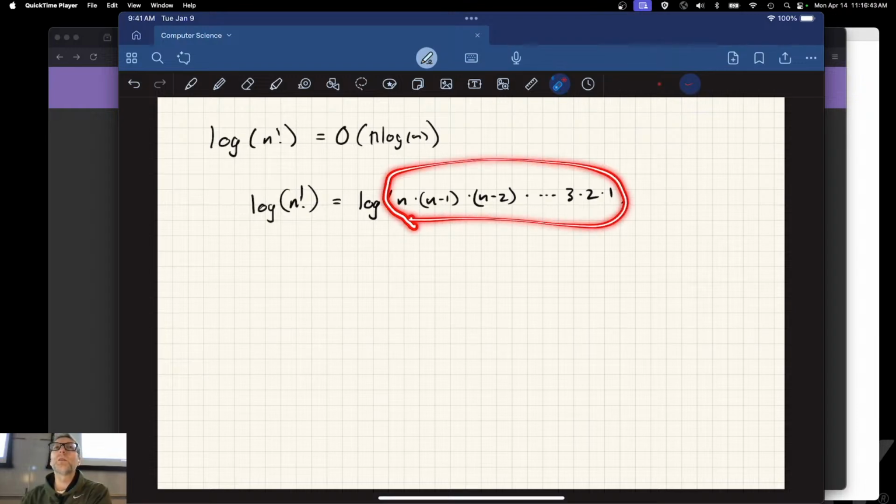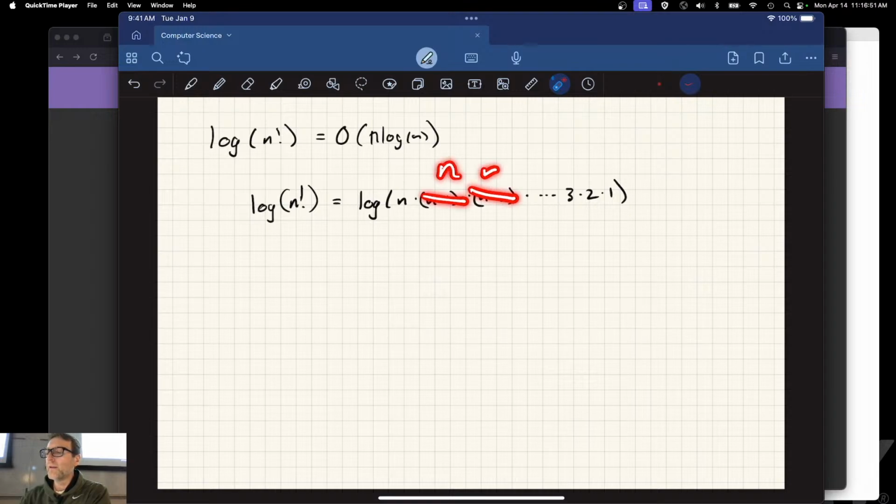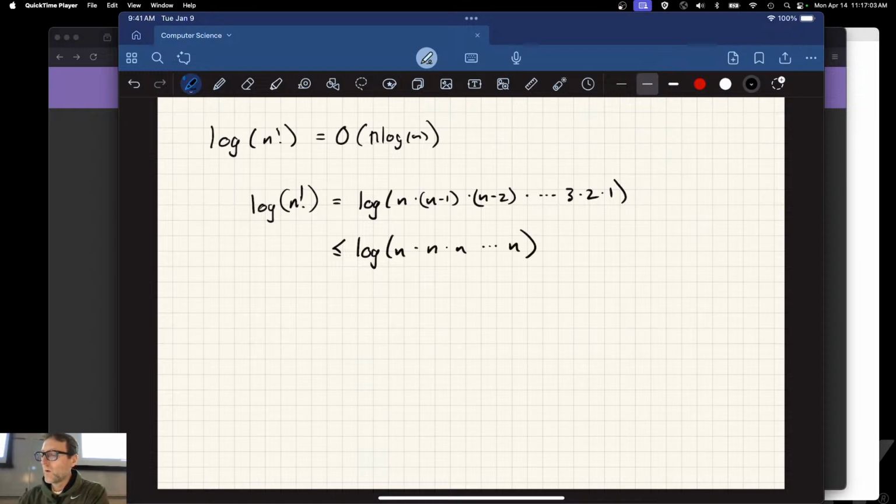Which one of these is the largest? N, hopefully. So what if I were to replace each one of these with n? That certainly is going to be less than or equal to log of n times n times n dot dot dot n, where we've got n of these n's.